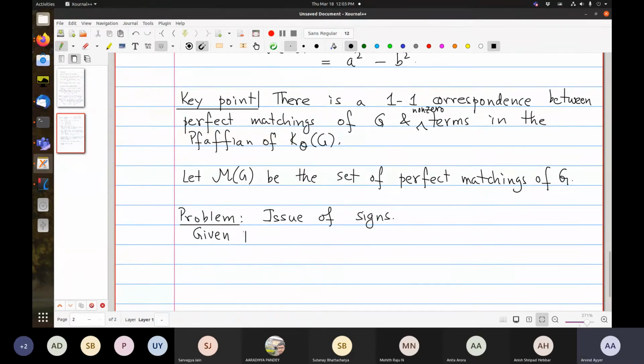Okay. So given m in Mg, we get signs from two things.